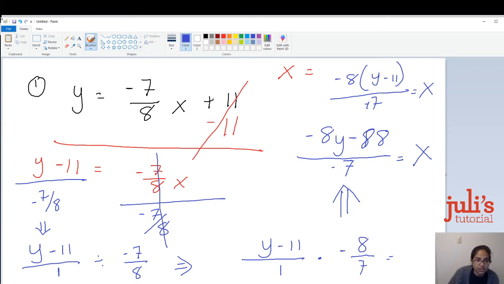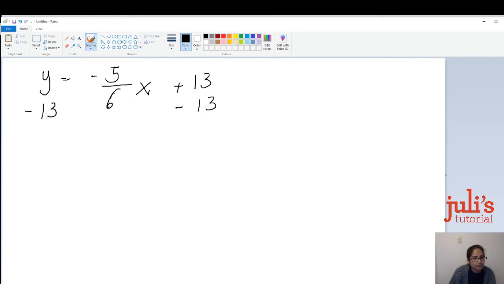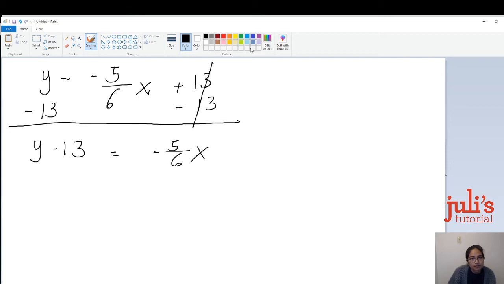Okay, next question. I'm going to get a new sheet of paper, and it is y equals negative 5 over 6x plus 13. I subtract 13 on both sides. We have y minus 13 equals negative 5 over 6x.